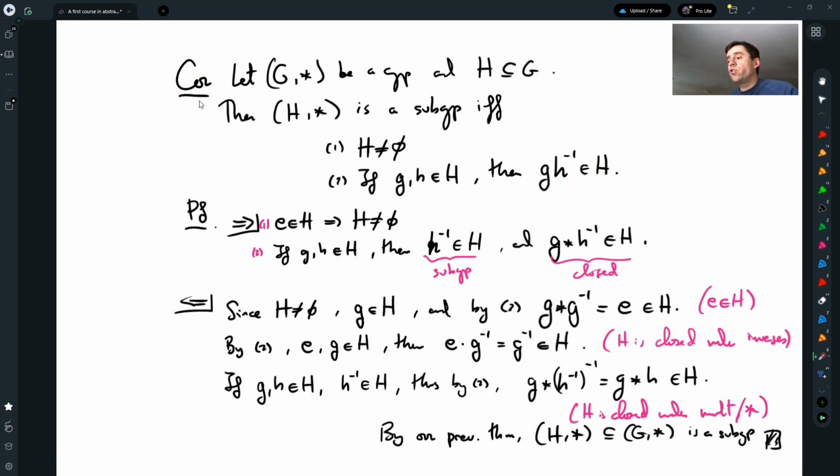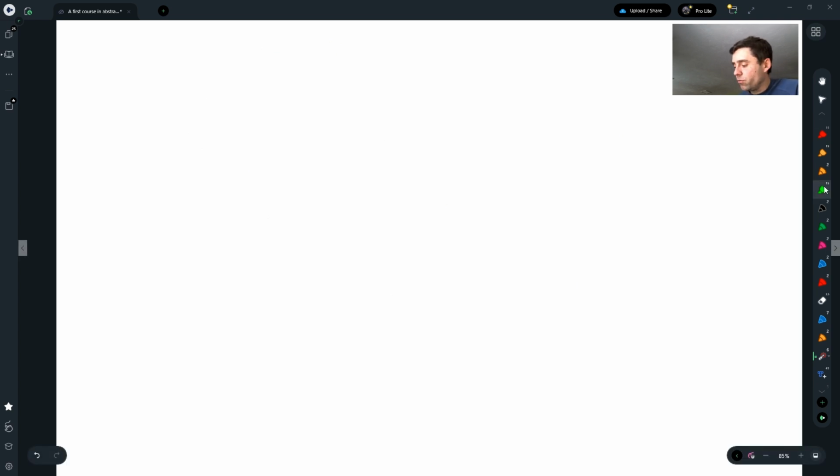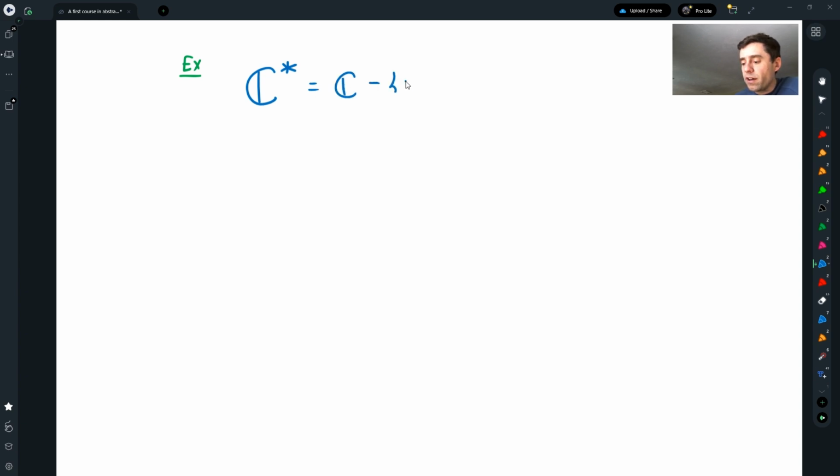So let me show you some examples of subgroups now that we know that. So for example, in the complex numbers under multiplication, the non-zero complex numbers, so this is the complex numbers except 0, under multiplication, this is a group, it's an abelian group.